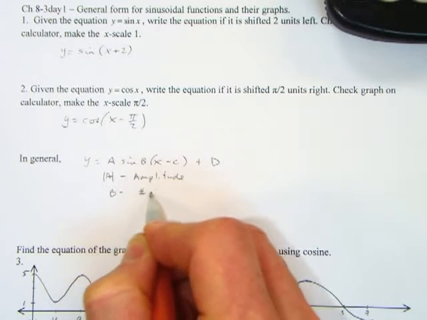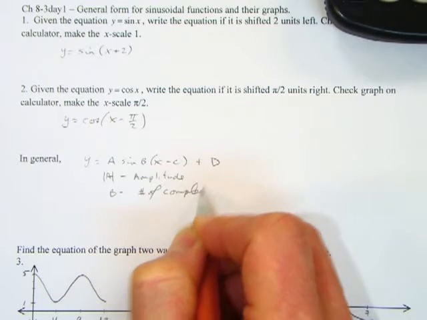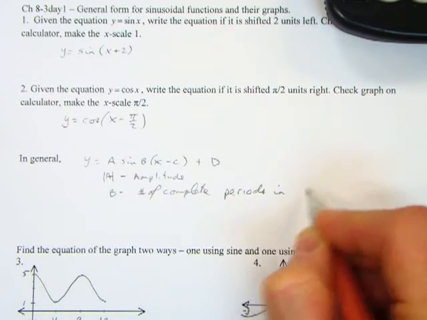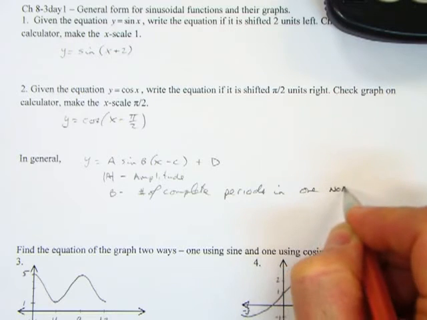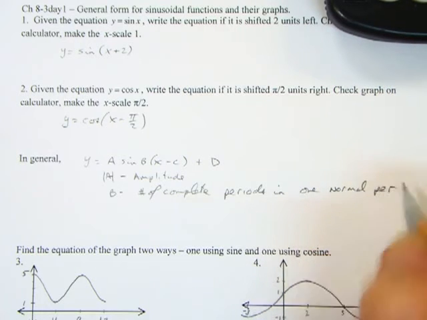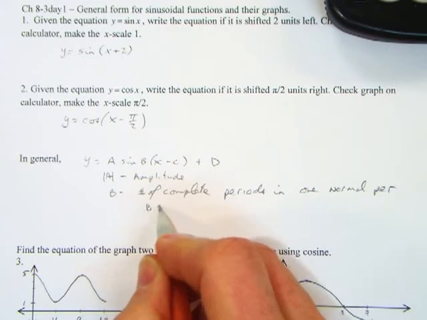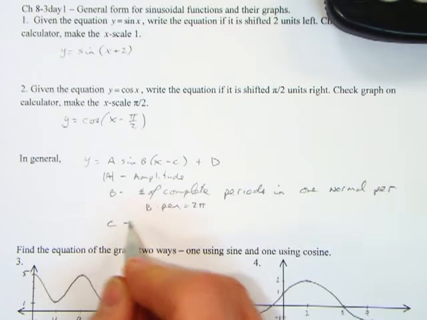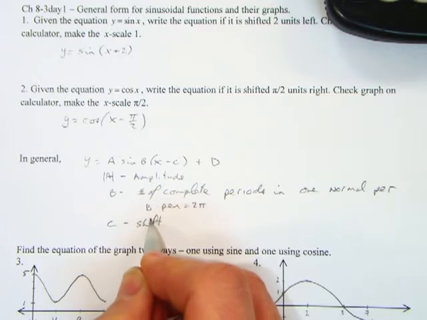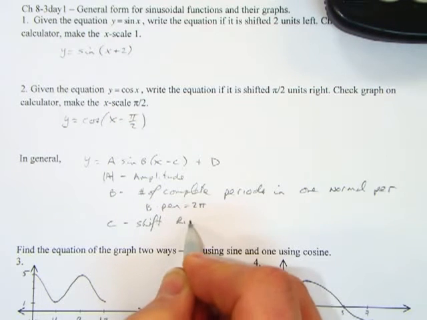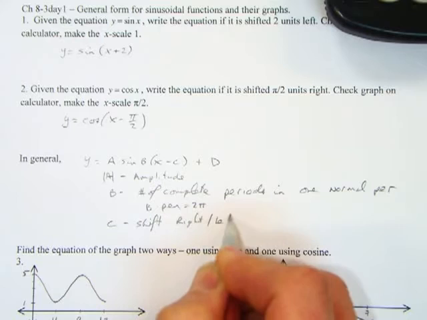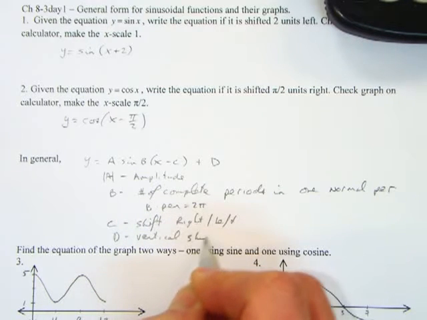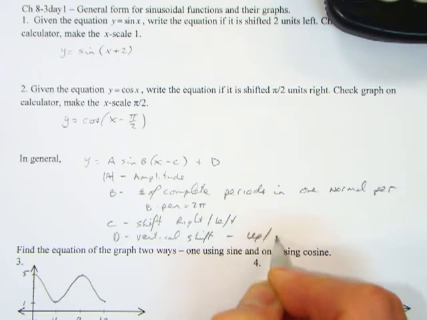B is the number of complete periods in one normal period, or in other words, b times the period equals 2 pi. C is our shift right or left. And then D is our vertical shift, in other words, up or down.